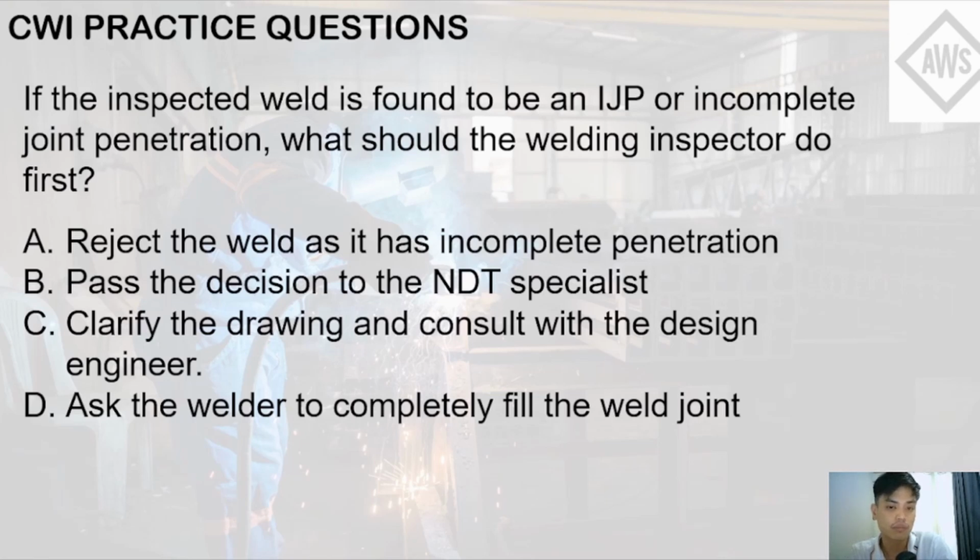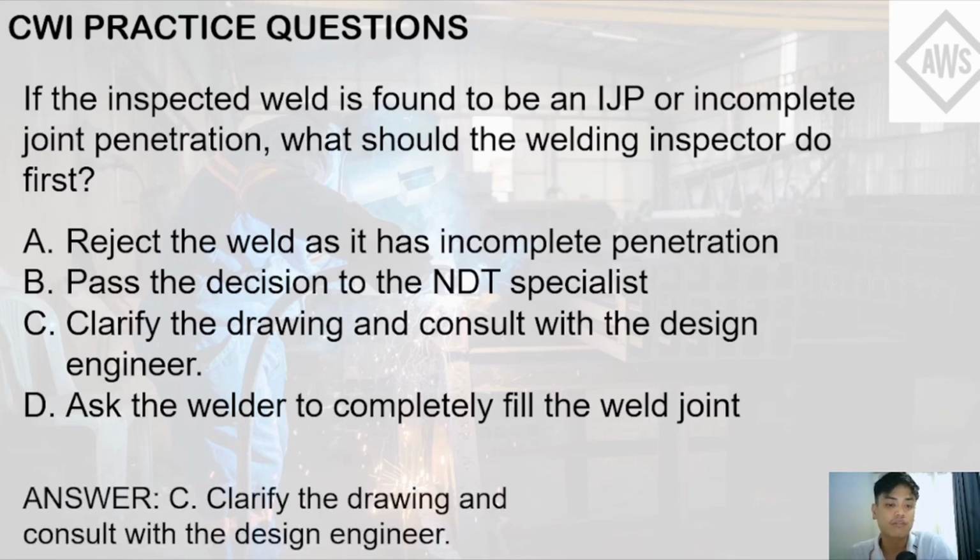Letter D, ask the welder to completely fill the joint. From my point earlier, you need to consult the designer of the structure or the components if it is indeed an incomplete joint penetration. So the answer here is clarify first the drawing and consult with the design engineer. You need to be in consultation first with the appropriate personnel that design the joints or structures.